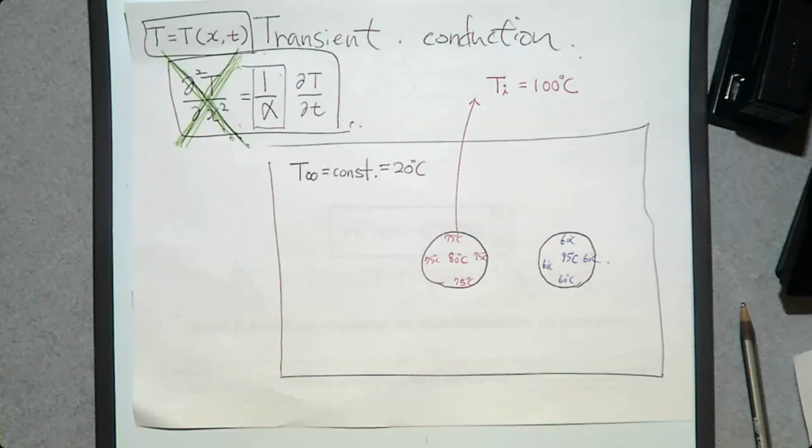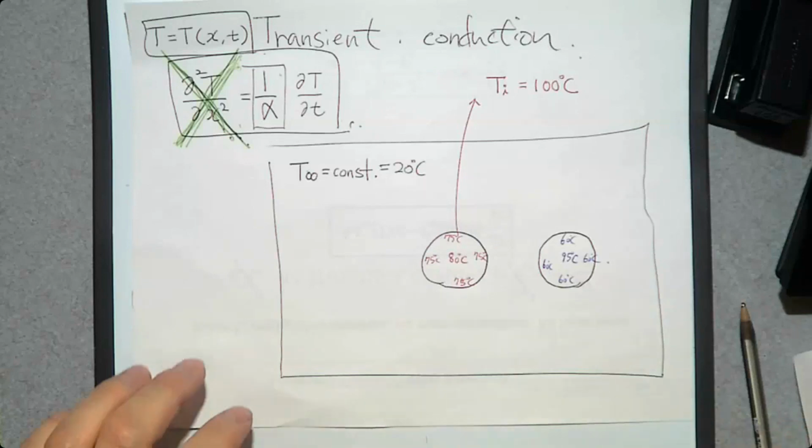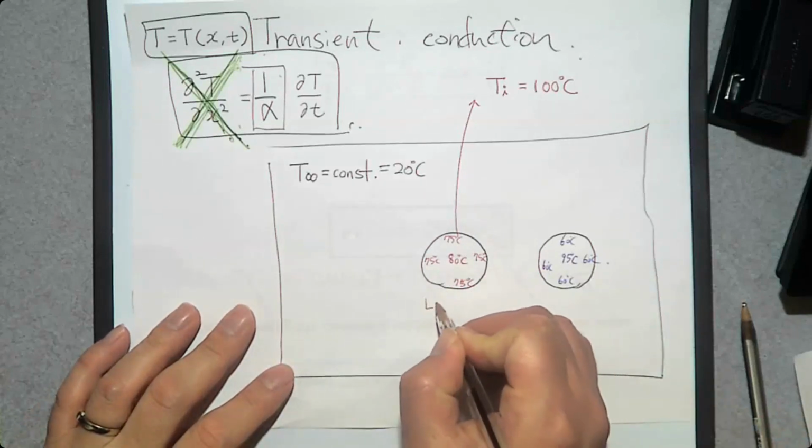Then do we need to worry about any temperature change between the core and the surface? Not really, because there's almost no temperature difference between the core and the surface. In that case, you can neglect the left-hand side. This is a lumped system.